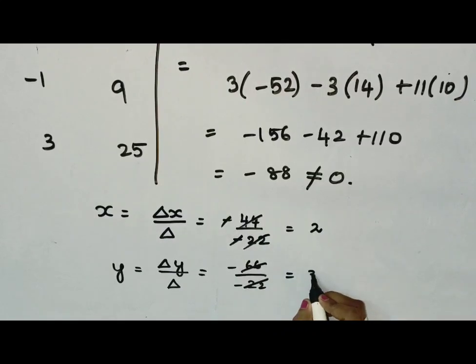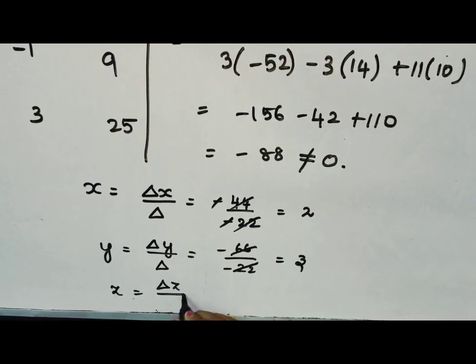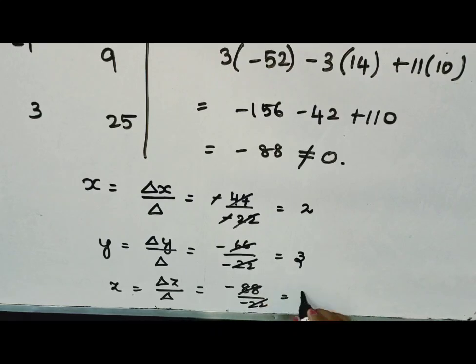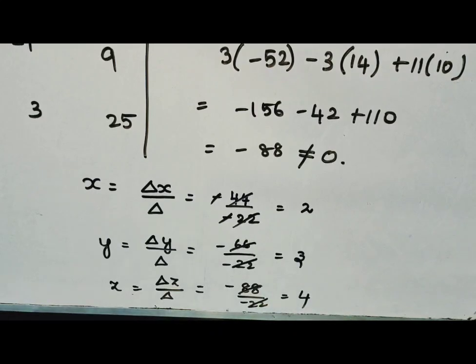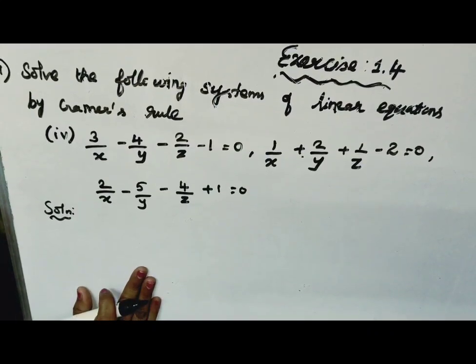So we will get the value of y as 3. Similarly, z is delta z by delta. The value of delta z is minus 88, and the value of delta is minus 22. If I cancel, I will get the value of z is equal to 4. This is how we find the values of x, y and z using Cramer's rule. Now, we will solve this fourth subdivision.